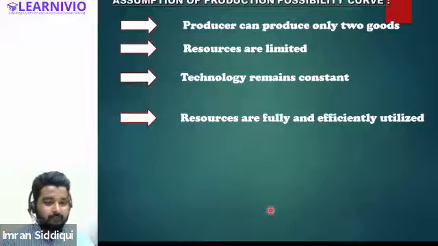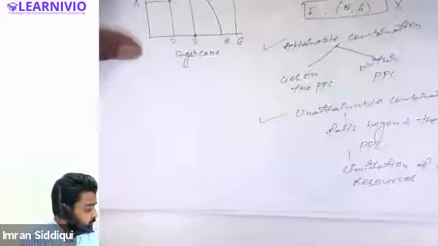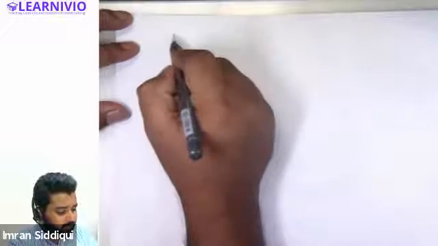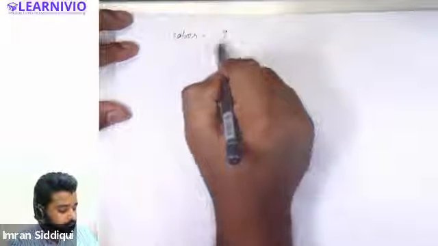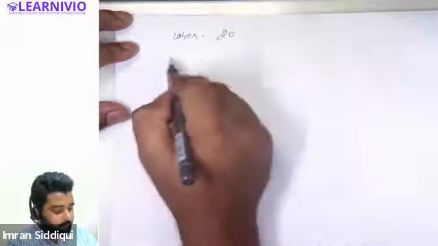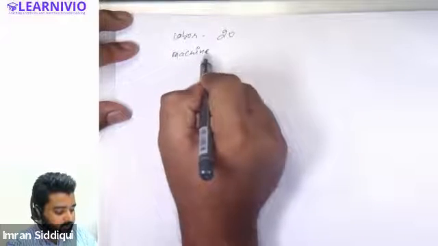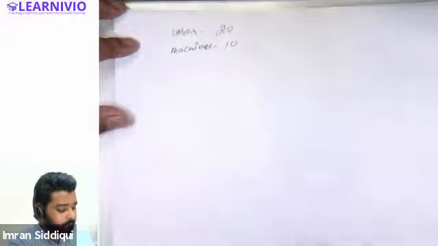Let me explain this on the notebook. See what I'm saying, suppose the producer has 2 resources. For the time being, we assume there are 2 resources only. There are 20 laborers, and the producer has a total of 10 machines. These are the resources the producer has.